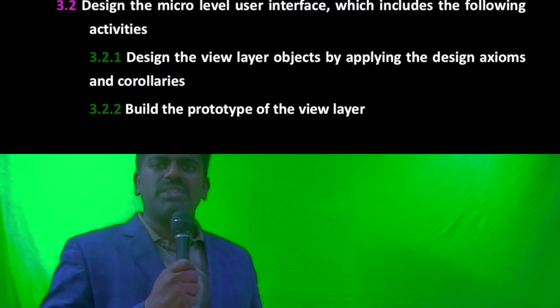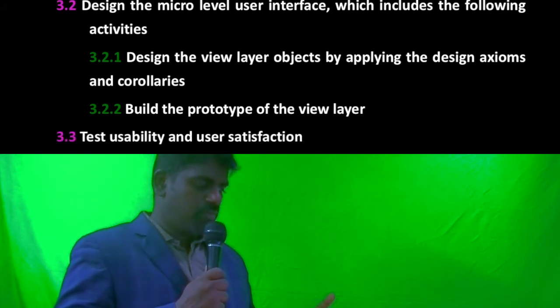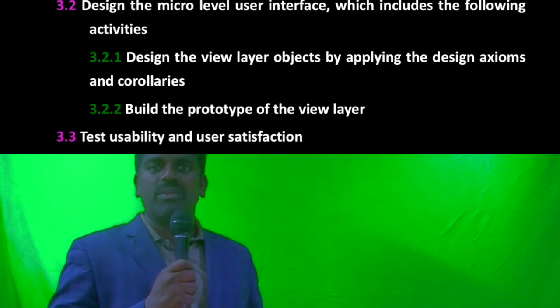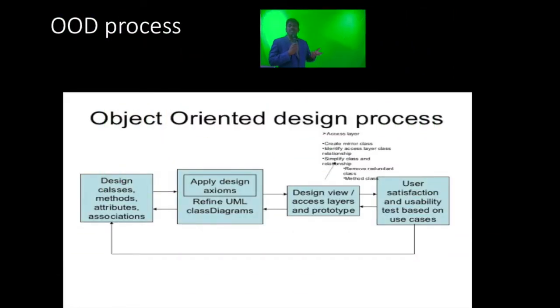Coming to the next, we are going to see how we design the view layer and the access layer. As I discussed, the view layer is how the user interacts with the system.